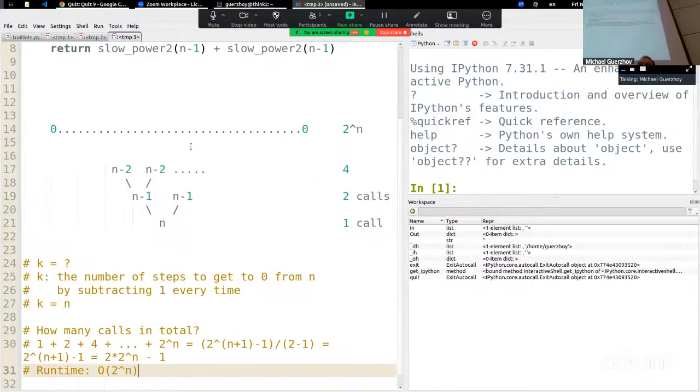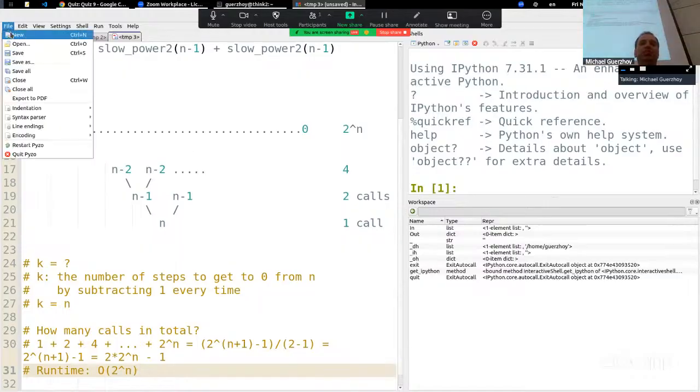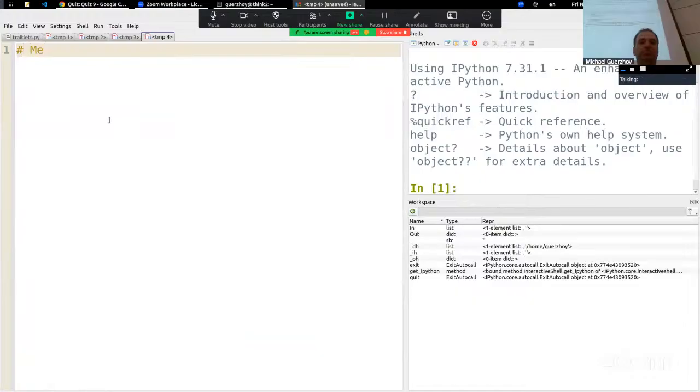Okay, so that was the warm-up. I now want to actually do something substantive with all this machinery. And the something substantive is merge sort. That is what Python uses pretty much.